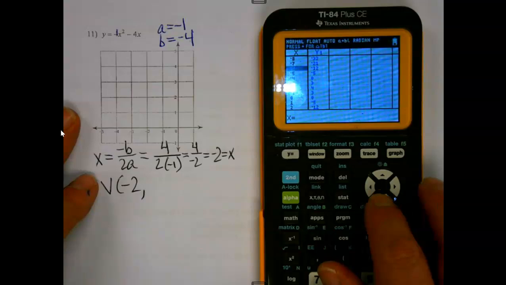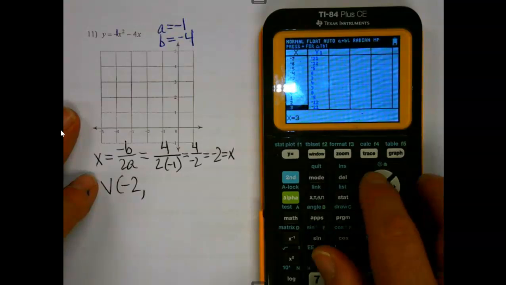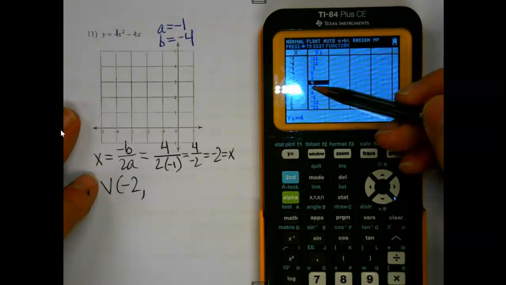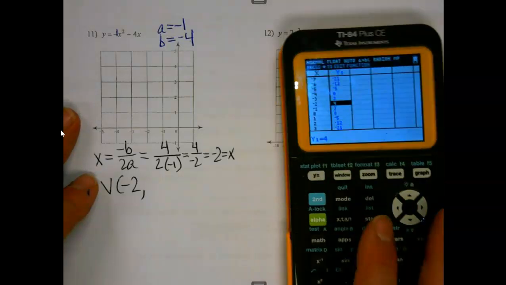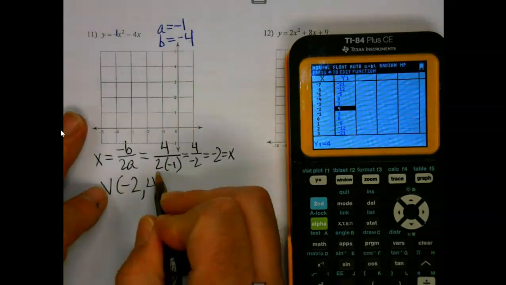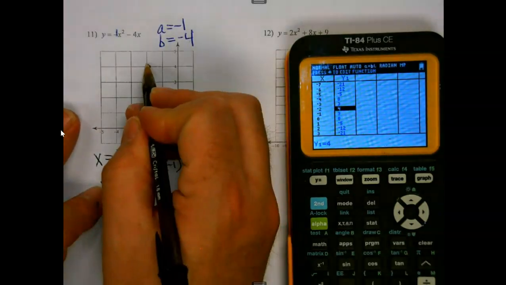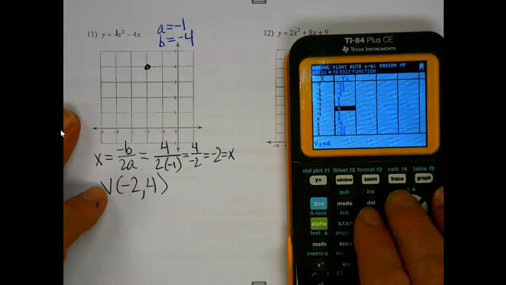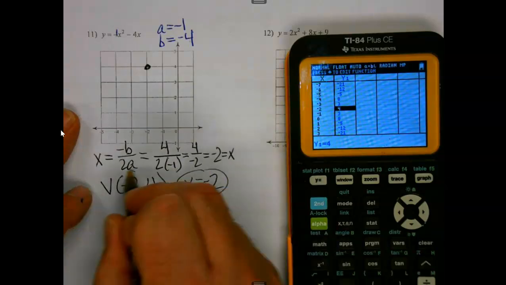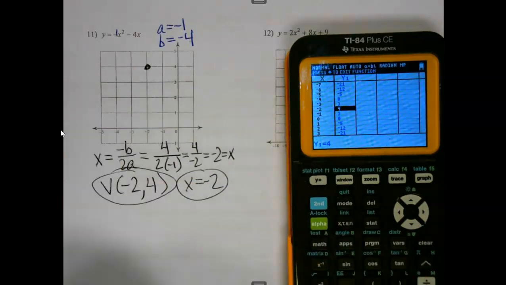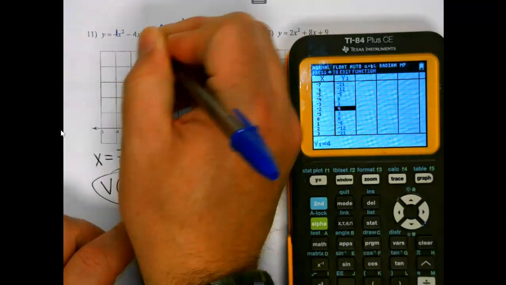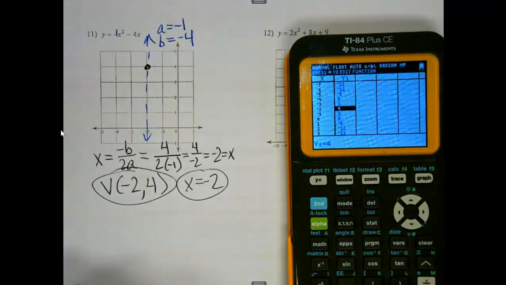Now we need negative 2 in the middle. And again, as long as I see the same numbers above and below here, let me get out of the glare, I'm doing the right thing. So negative 2, 4, all right. My axis of symmetry is x equals negative 2, because again, that is the little foldable line going right down the middle through my vertex.